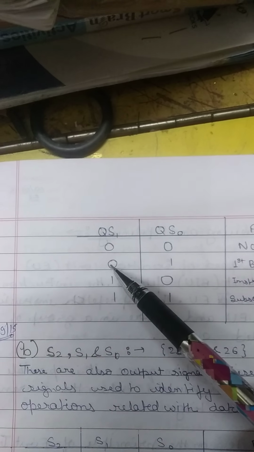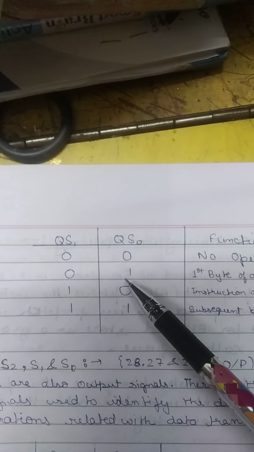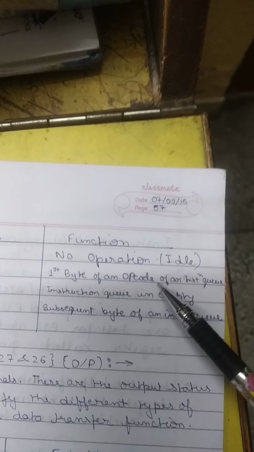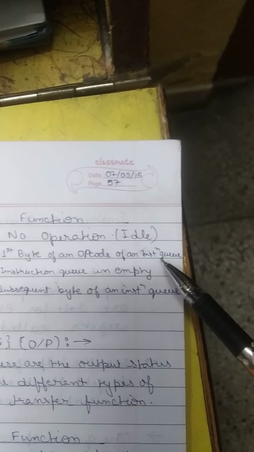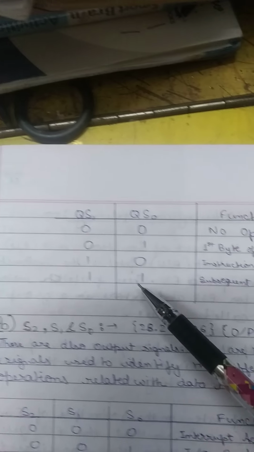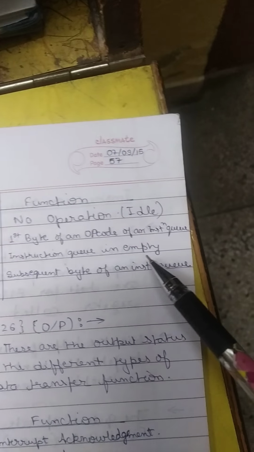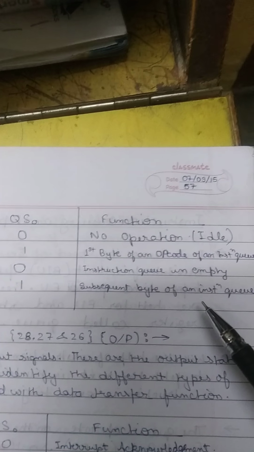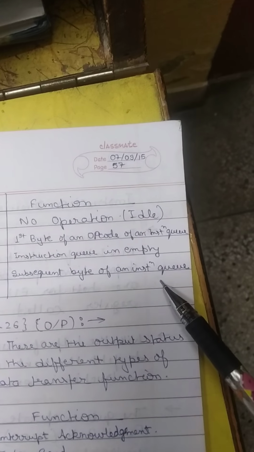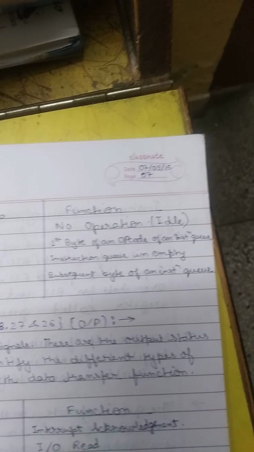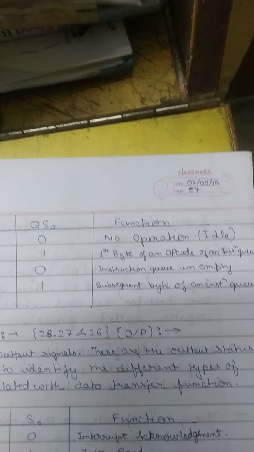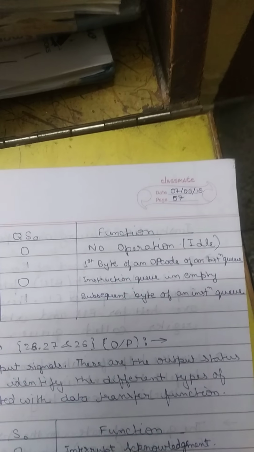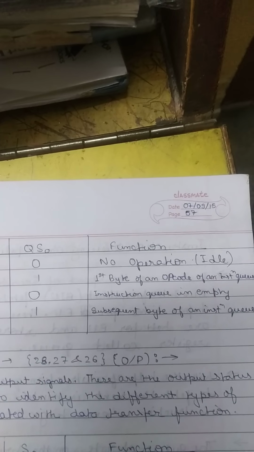When the signal is 0, 1, that is QS1 is 0 and QS0 is 1, then the first byte of an opcode of an instruction is fetched. When it is 1, 0, then the instruction queue is in empty condition, and when it is 1, 1, then the subsequent byte of an instruction will be fetched. So we know that in 8086 the data bus is 16-bit. That 16-bit data bus is used to fetch the opcode from the memory.